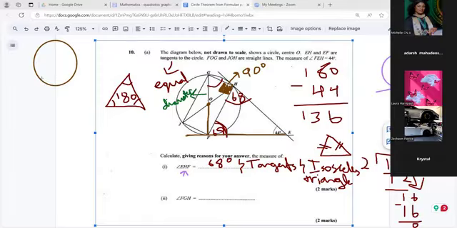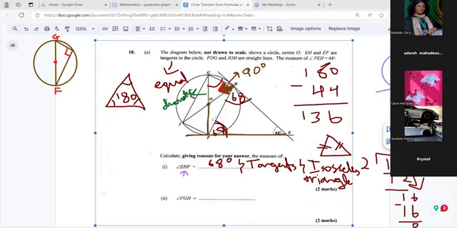I'm putting the first rule that I used there, which was angle in a semicircle. So here's 90 degrees because this line passes through the diameter. That's how I had this 90 degrees here.